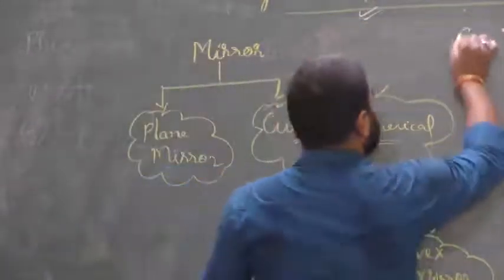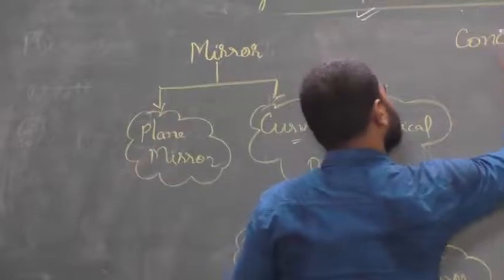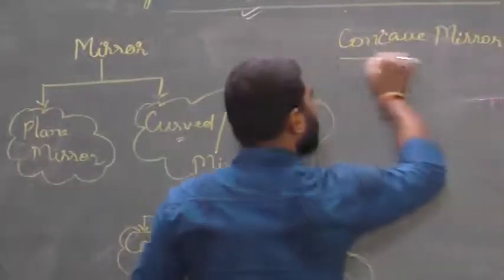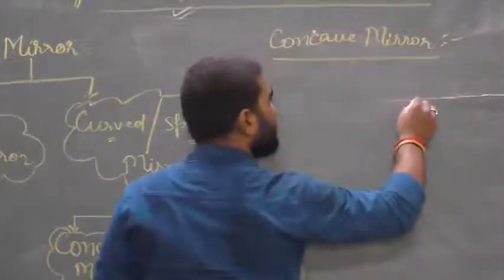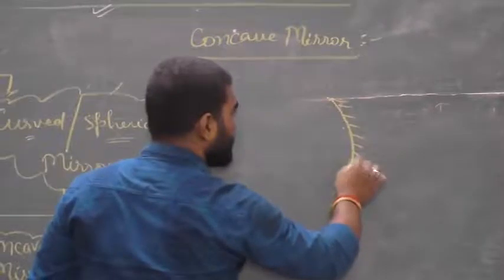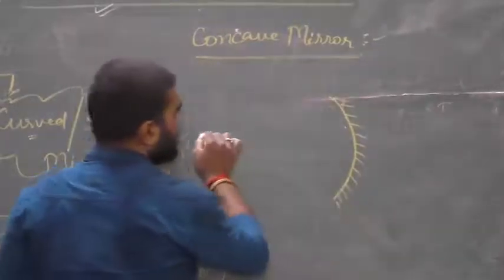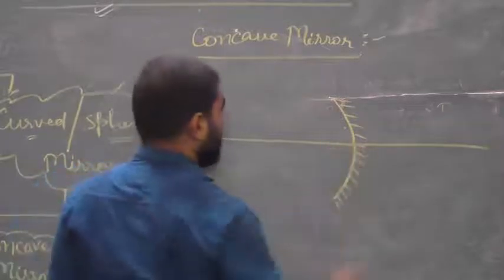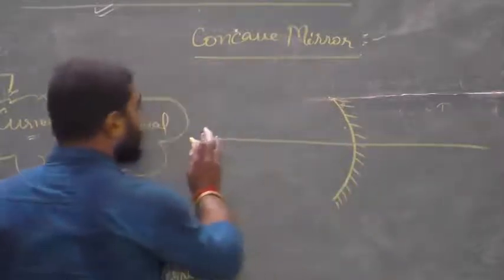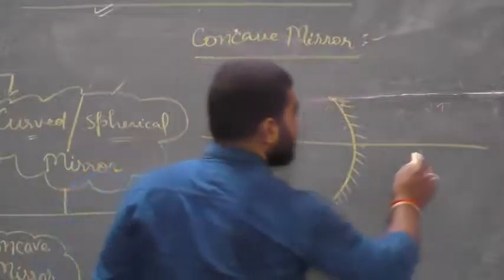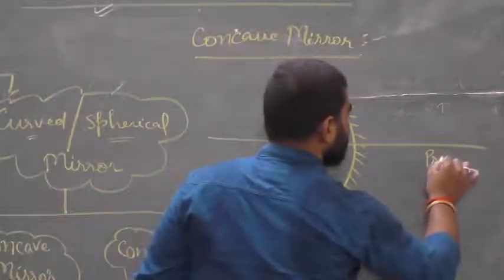For the concave mirror, the mirror whose reflecting surface is concave means the convex part will be polished. So the mirror whose reflecting surface is concave is called a concave mirror. The axis which divides this mirror into two equal parts is called the principal axis.